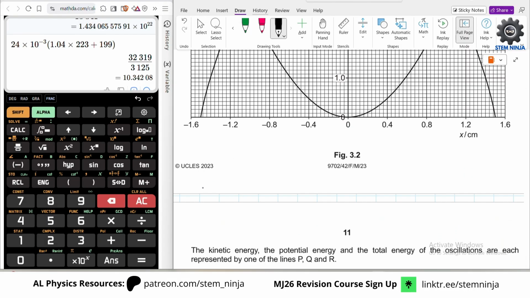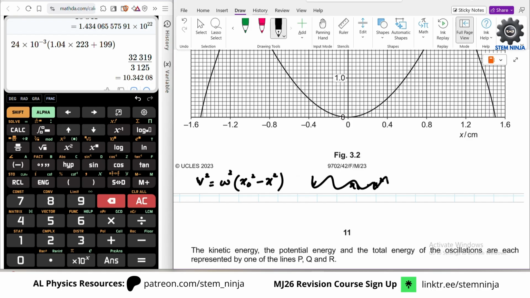We know v squared is related to omega squared, x naught squared minus x squared. We are already familiar with this. You may have seen this as v equals plus or minus omega times the square root of x naught squared minus x squared also. So this is v with respect to x and x naught.